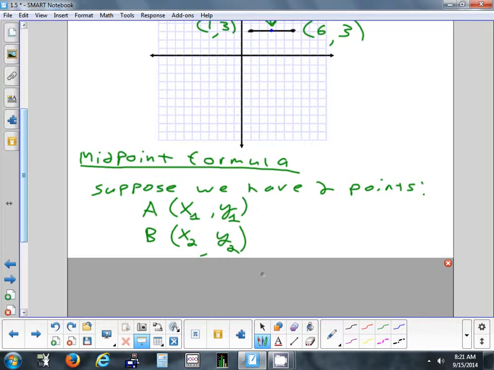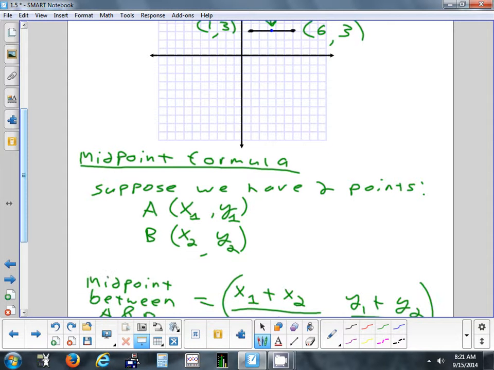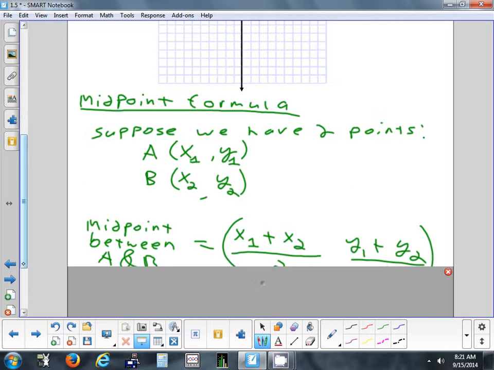Okay, so suppose we have 2 points, A and B. A has coordinates x1 and y1. B has coordinates x2 and y2. And there's our formula for finding the midpoint.